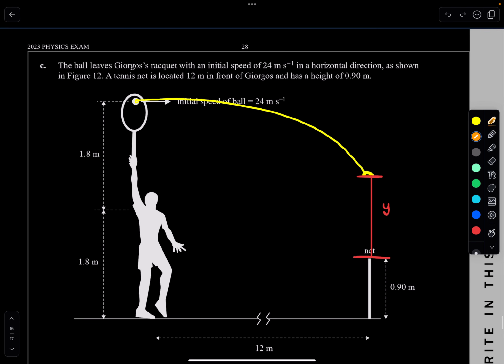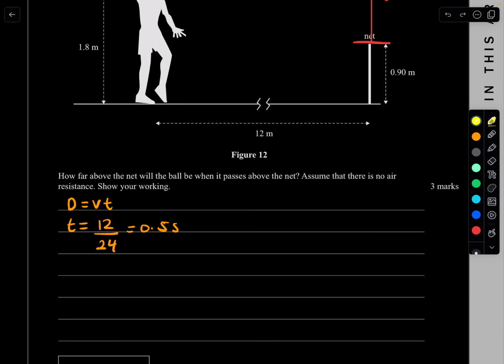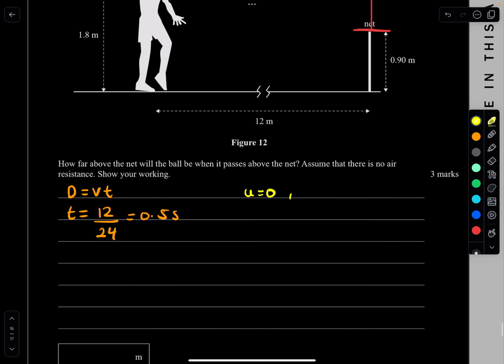And now I'm going to calculate the vertical displacement, because the vertical displacement will give me this distance over here. The initial vertical velocity is u equals 0. A is going to be negative 9.8. And we know the time it takes is 0.5 as we calculated.